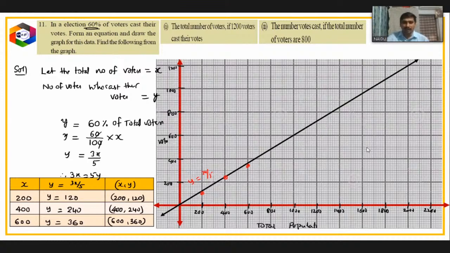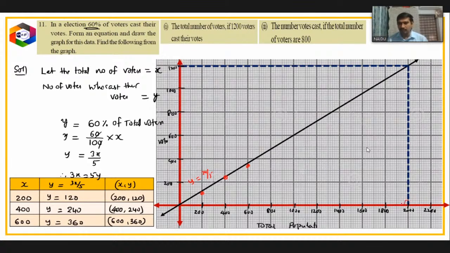So 1200 is the voters who cast their vote. Here I am going to draw the line. Observe, this is the line, so it intersects here. Now drop the perpendicular at this particular point. If you observe clearly, it is intersecting at 2000.